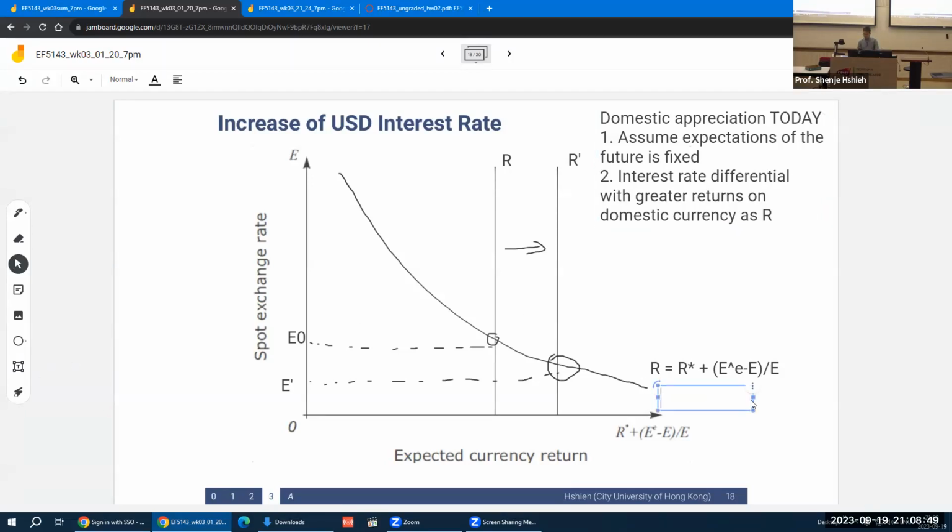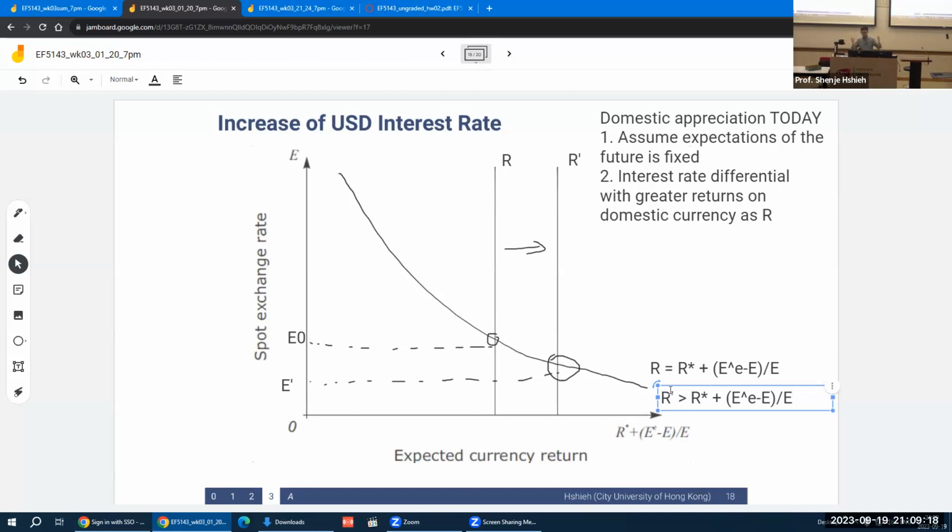So I'll show you that mathematically. What does that mean? That means specifically that R prime is greater than R star plus E hat E. Concur? With R increasing to R prime, UIP is now violated. You have, in other words, R prime greater than R star, or R prime minus R star, the gap is now larger.